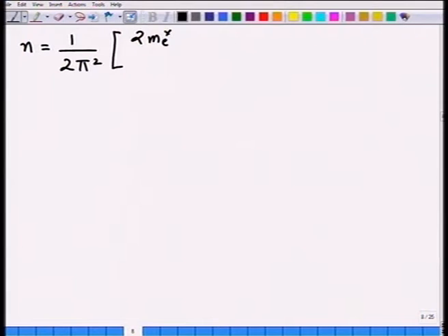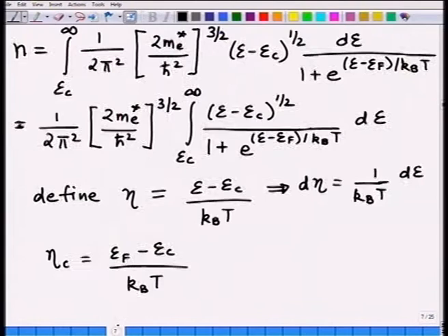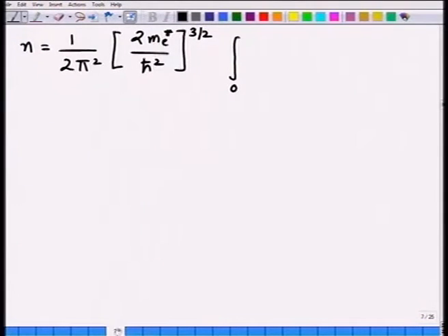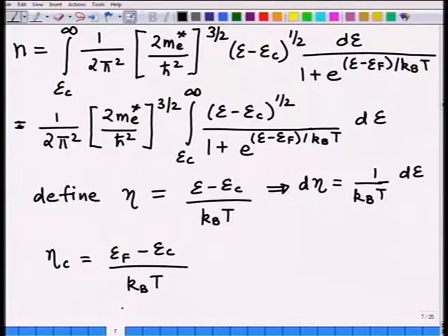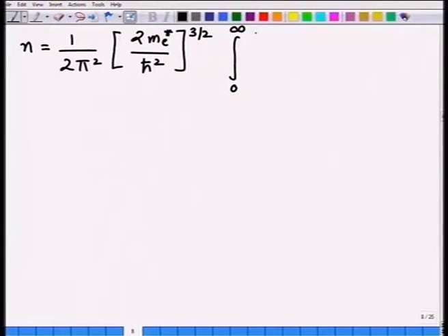If so, now I can write n as 1 over 2 pi squared (2 m_e star by h bar squared) to the power 3 by 2, and now I integrate. When E goes to E_c, eta goes to 0, and when E goes to infinity, eta goes to infinity. So this integration is up to infinity.